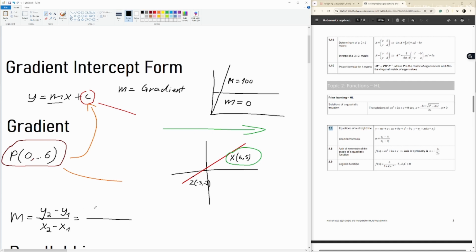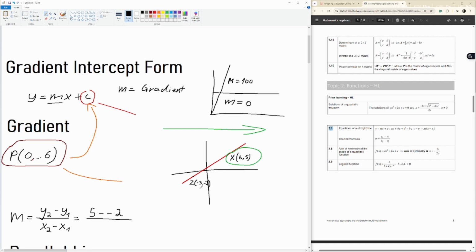Therefore, y2 is 5 minus y1. And you always have to know that if you have a coordinate, the second one is the y value. And y1 is minus 2.